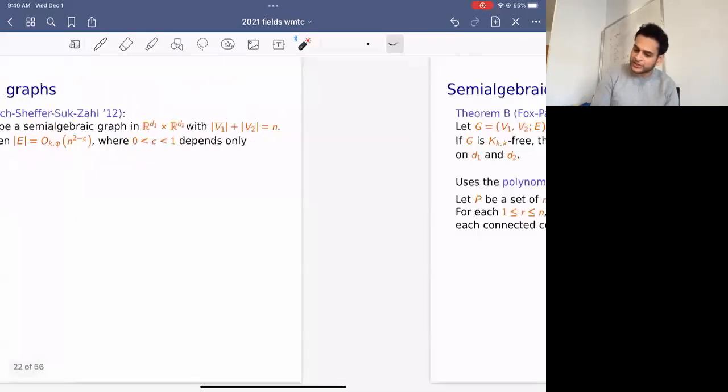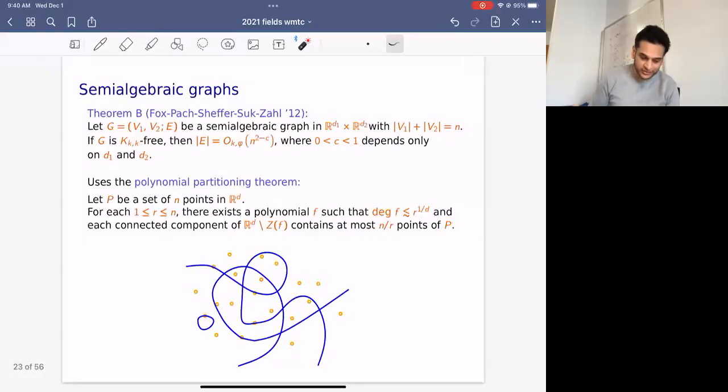For this, I think this is a very nice thing, so I'm quickly going to mention how you get a bound like that. They use the polynomial partitioning theorem, which very strongly uses the topology of the reals. What does the polynomial partitioning theorem say?